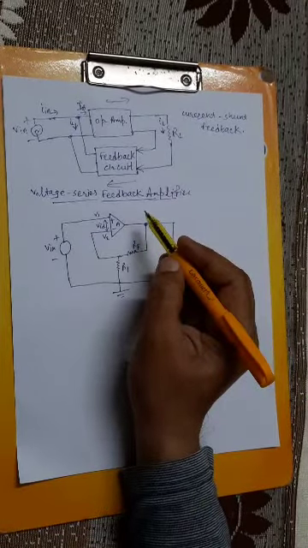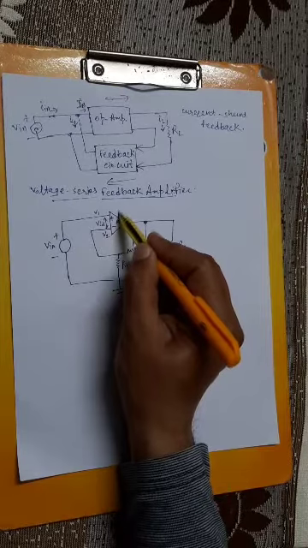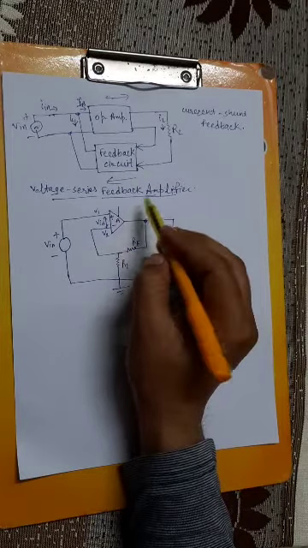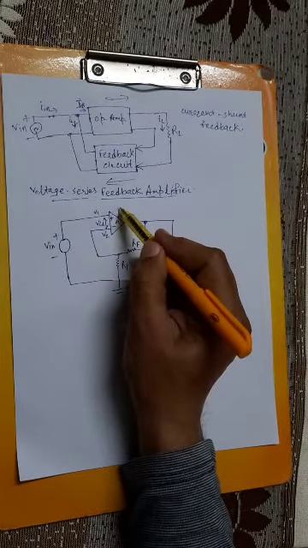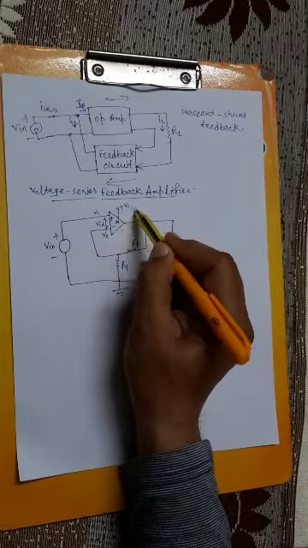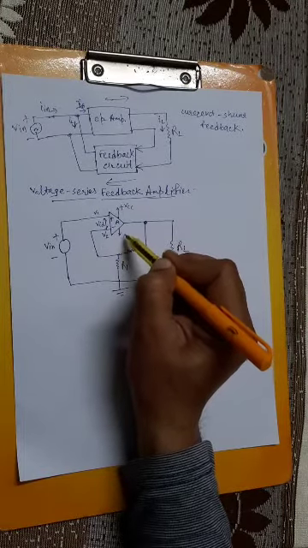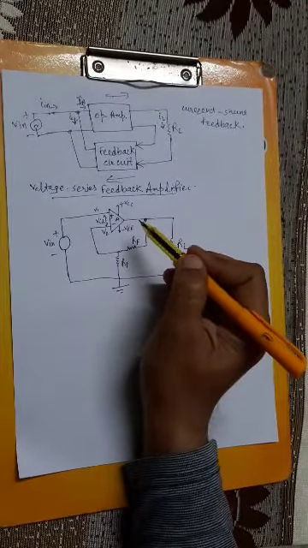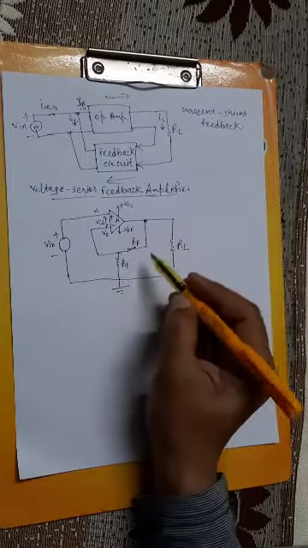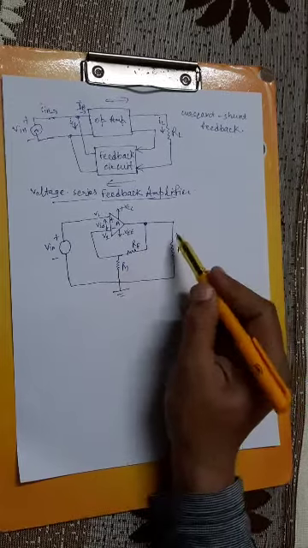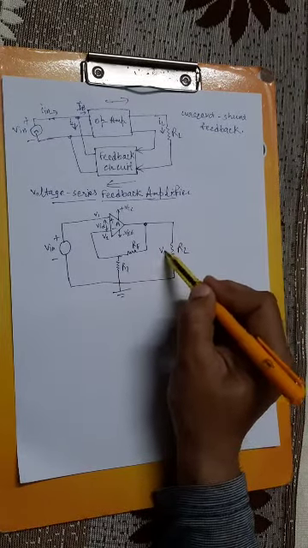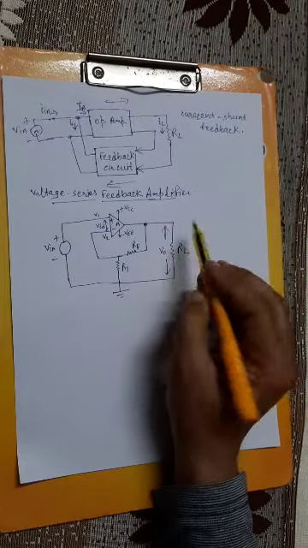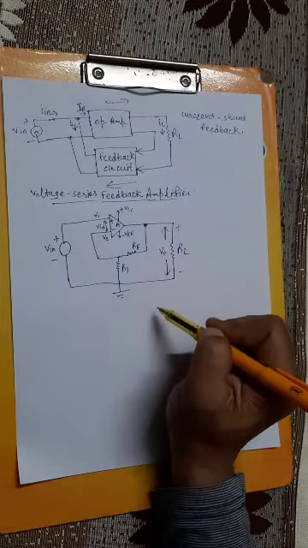Or we can also show the power supply pins of this op-amp IC as plus VCC and minus VEE. Okay, these are the power supply connections of this op-amp IC, right? Now the output voltage is measured across this load resistor, plus minus, right?